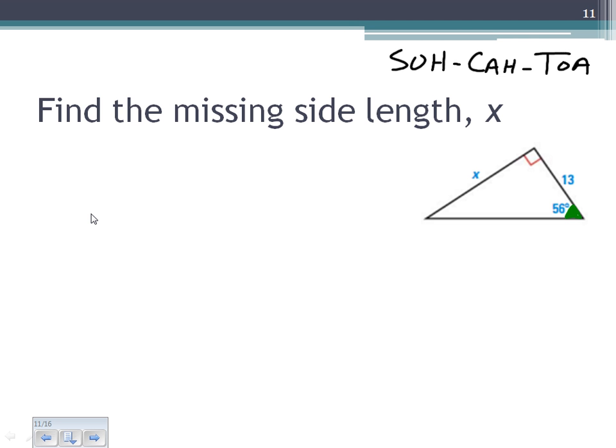If you've already set it up, try and solve it.